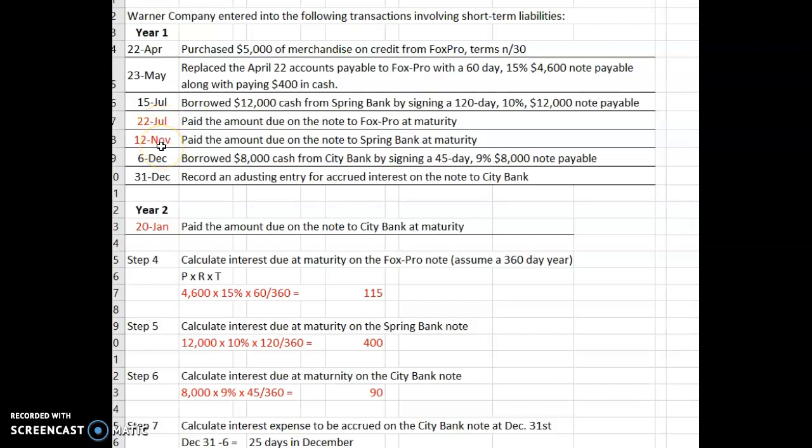On November 12th, we paid the amount due to Spring Bank at maturity. And in our last video, we calculated that at maturity, we would owe Spring Bank $400 worth of interest. I think you can write this journal entry on your own, so please pause your video, write the journal entry, then start the video again to check your work.